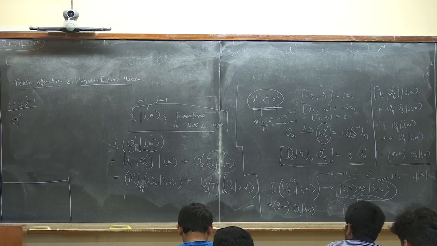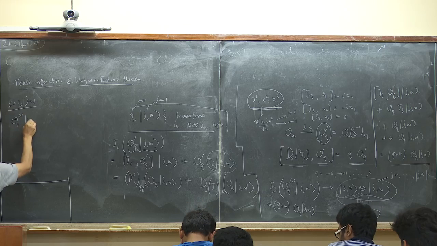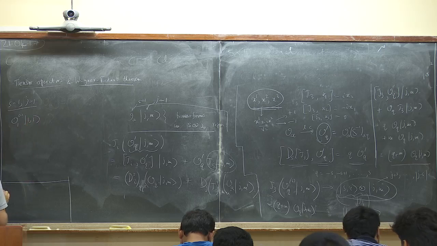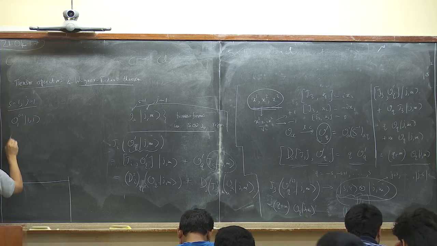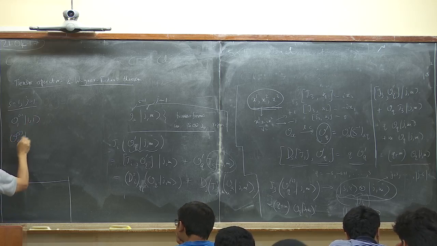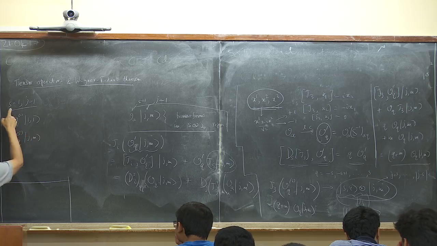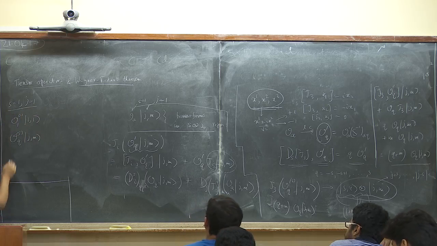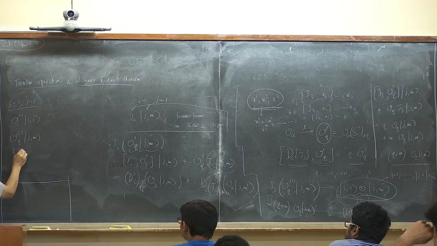This is the highest weight operator, O1 acting on 1, 1. So let me say what I am writing here. I am writing O S Q on J m for the choice S equal to 1 and J equal to 1 and Q equal to 1 and M equal to 1.